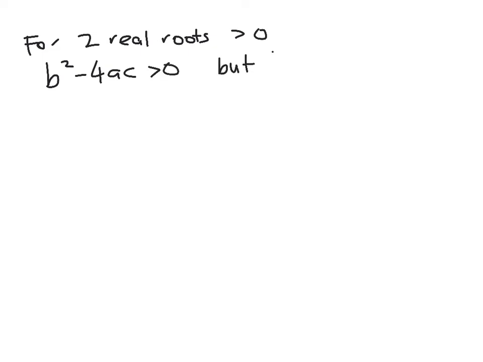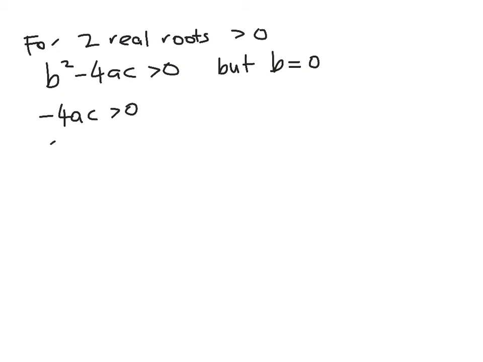Okay, so for two real roots, we must have b squared minus 4ac strictly positive, but from above b equals 0, so negative 4ac is strictly positive.